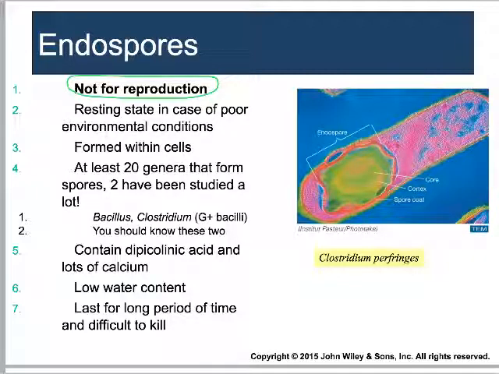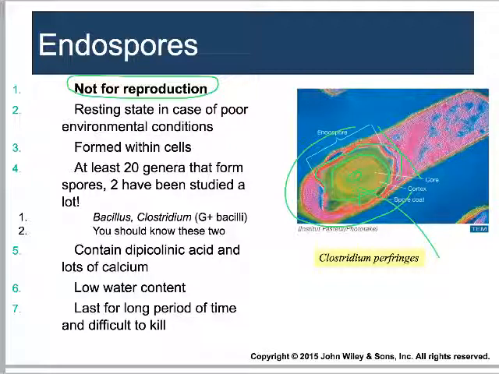There's a core, a middle part, a cortex that's around it, and then this spore coat. In here is enough stuff that if the conditions become good again, this can start to grow and become a bacterial cell again.